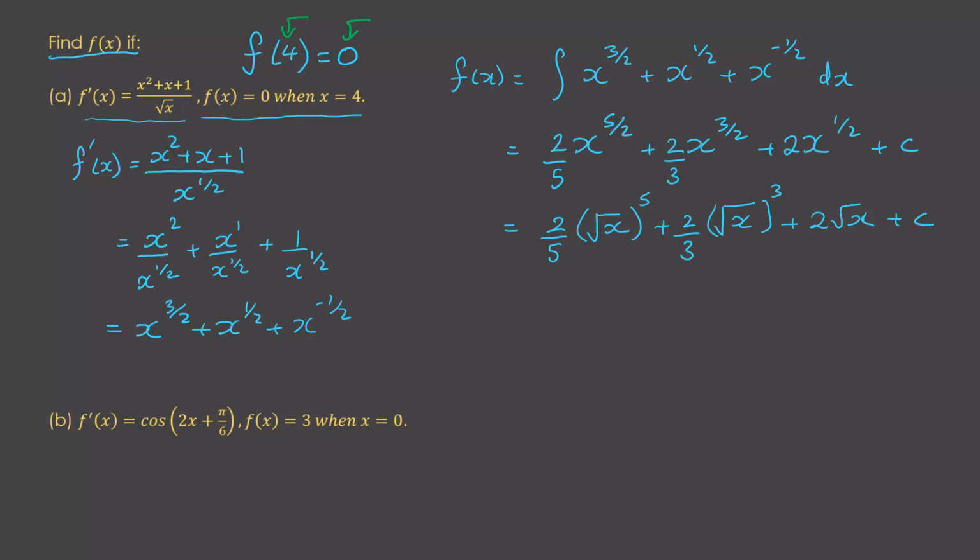Now, f of 4 is 0. So that's going to be 2/5 times the square root of 4, which is 2 to the 5. Then we've got 2/3, the square root of 4, which is 2 cubed, plus 2 times the square root of 4, 2 times 2 is 4, plus a constant.